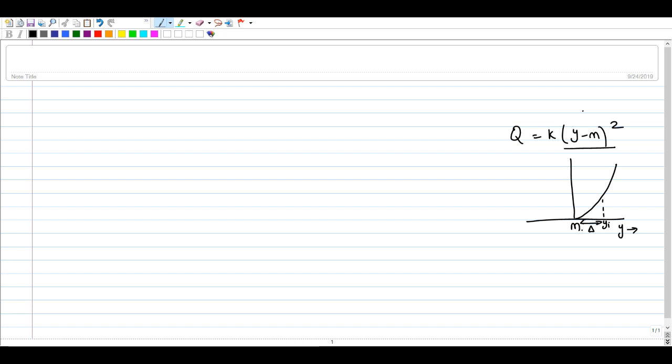If I am deviating by delta from m, at m your loss function is 0. The moment you deviate from m, you incur some sort of loss, and at y, how much will that loss be? That's what this equation is capturing. If you call this delta, then it is just k delta square. That's all.